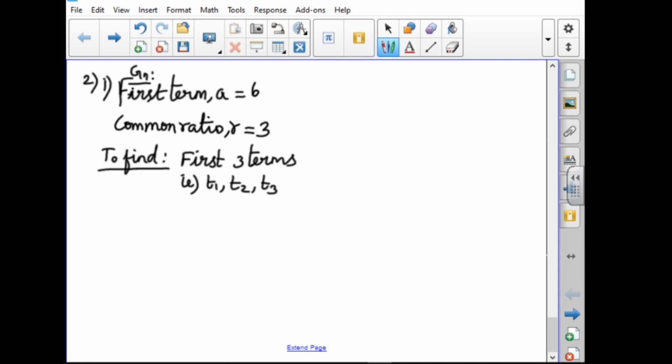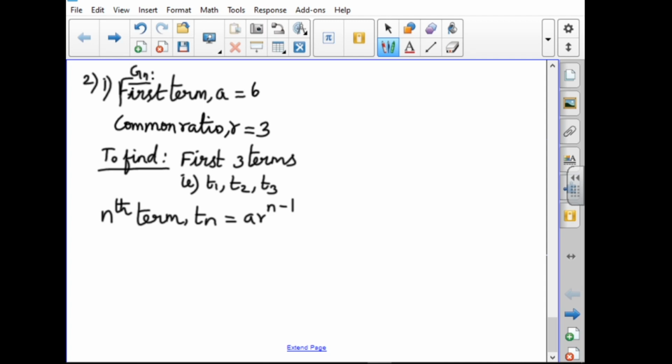First term is given as A equal to 6, common ratio R equal to 3. We write the general formula for nth term. In the question they are giving it is GP. So, you have to use the formula for GP. So, nth term, it is denoted by Tn. The formula is A into R power n minus 1. First term we know 6.